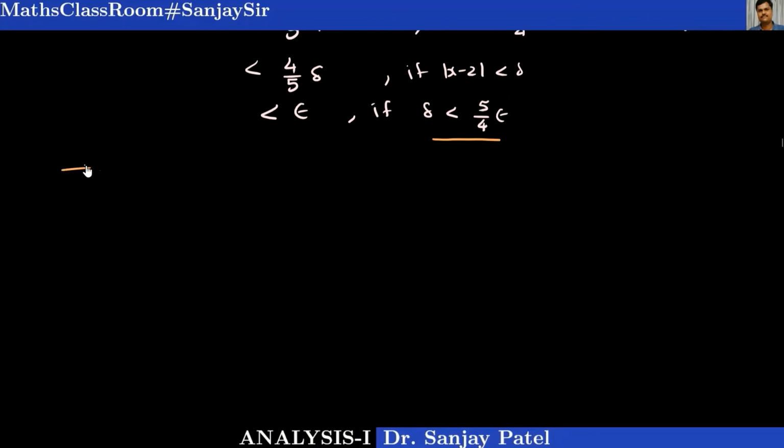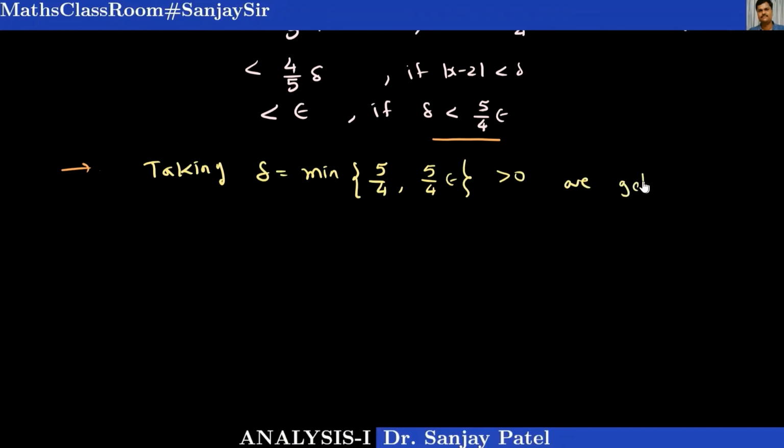So taking delta equal to the minimum of 5 by 4 and 5 by 4 times epsilon, which is greater than 0, we get the required condition satisfied.